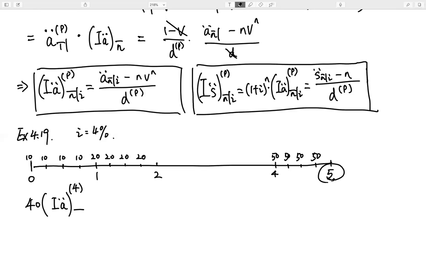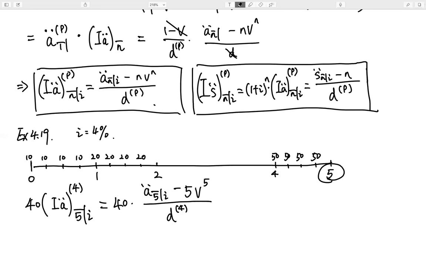I have 5 years, so angle 5 at I. So according to this formula, it's 40 times A double dot angle 5 at I minus 5V to the fifth divided by D upper 4, right?